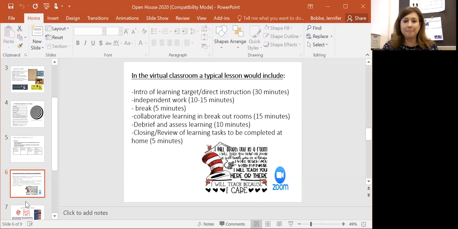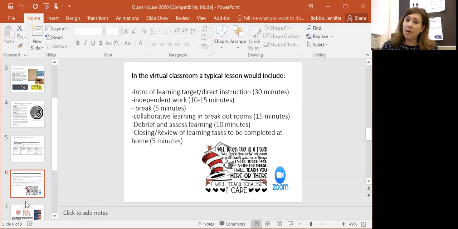and it might even include students watching a YouTube video. With some lessons, students might be involved in doing some independent work, or perhaps we might have students go into breakout rooms where they can work collaboratively on a particular learning task. And some lessons might have a combination of those things happening.